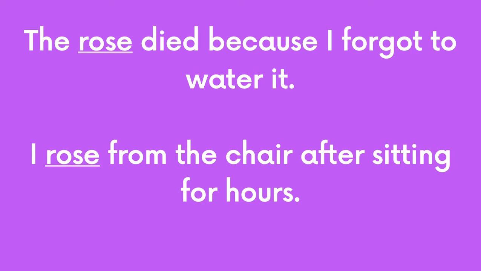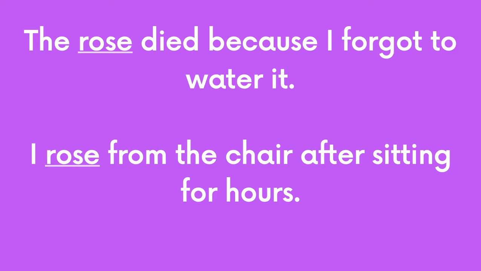In the second sentence, it says, I rose from the chair after sitting for hours. So rose is used right now as the past tense of the verb rise, or to rise. So this happened sometime in the past.